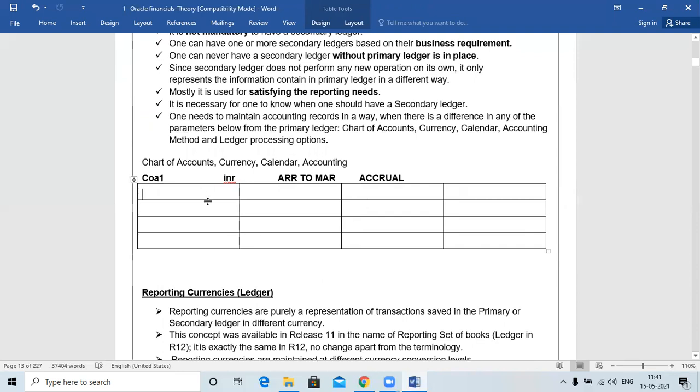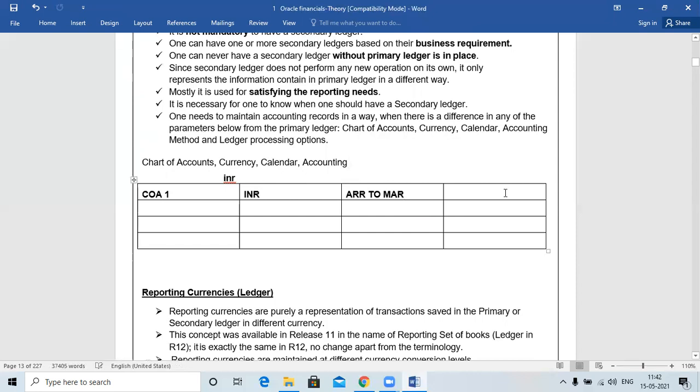Like I said, you have COA1 for India, you have INR, a calendar of April to March, and the accrual method of accounting as per our norms.